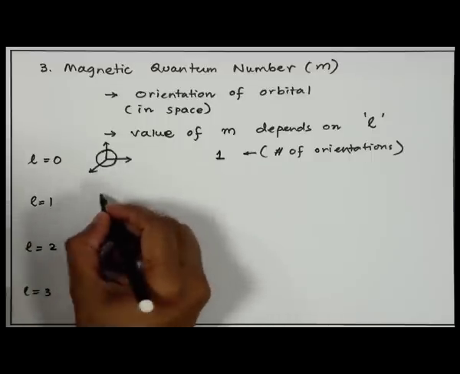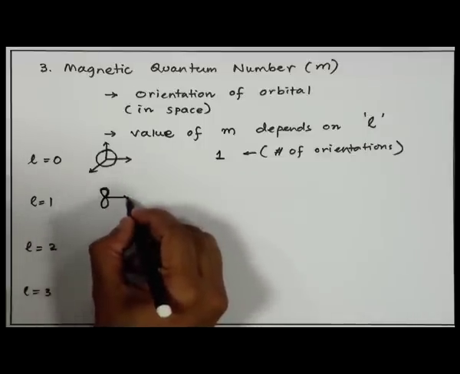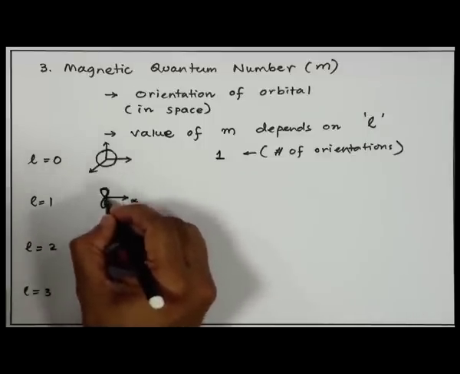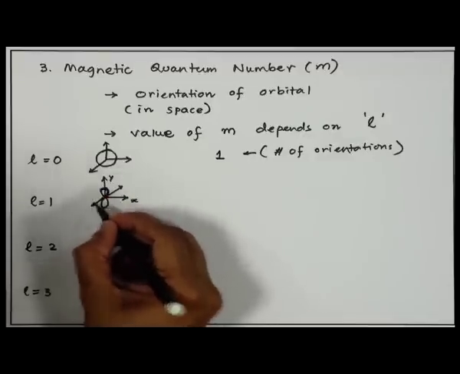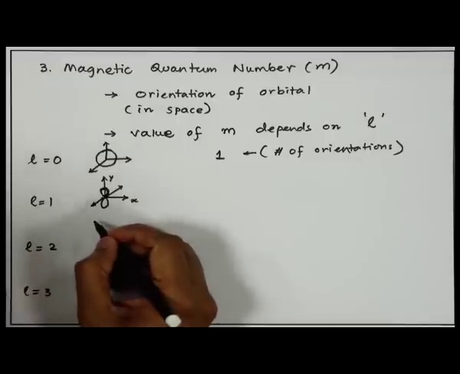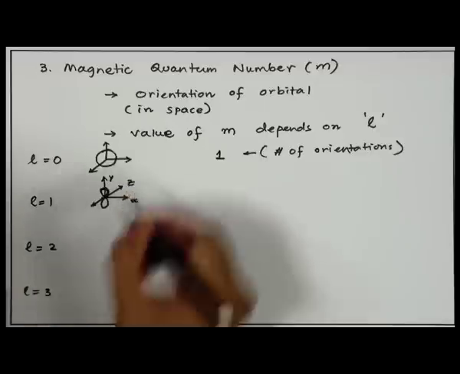What about p orbital? P orbital looks like a dumbbell. So, it has got two lobes. If I draw my Cartesian axis, I can have this as x, this as y, and the plane above and below the plane of paper, let us call that z.